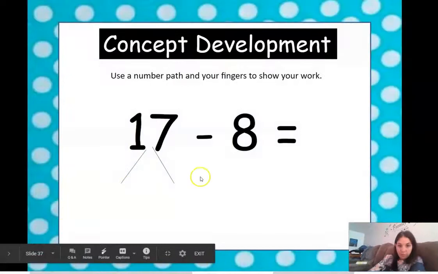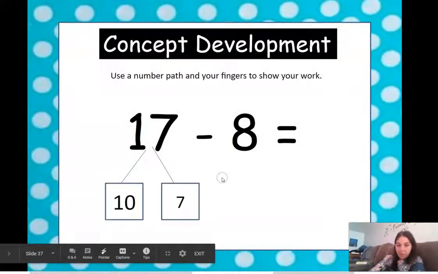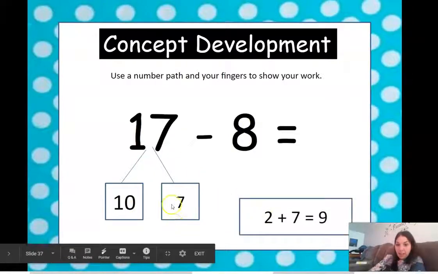So that's 5 on one hand, 4 on the other. That makes 9. Or you can do the take from 10 strategy where we have 10 and 7. We're going to take 8 from 10 and we're left with 2. And then we have 7 more. 2 plus 7 equals 9.